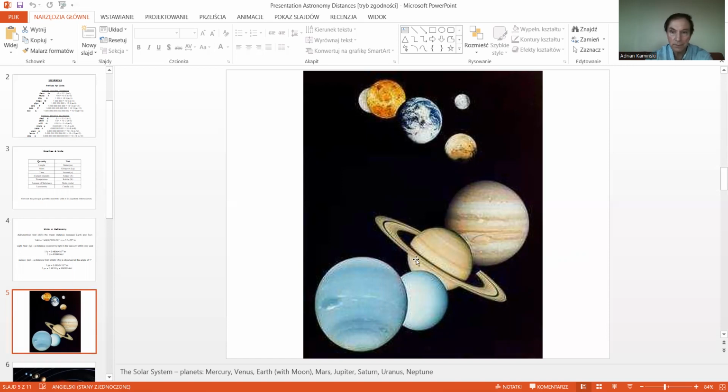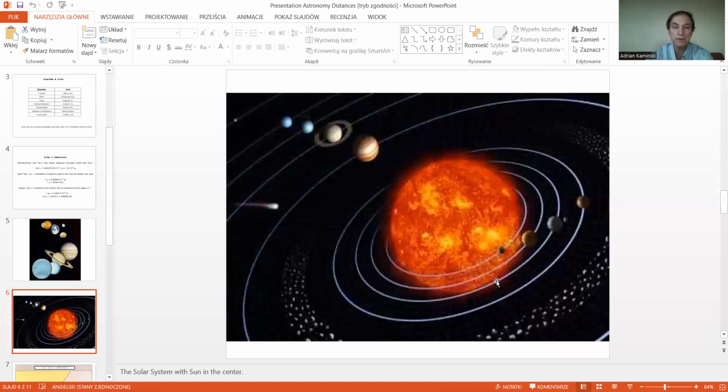Pluto is not visible, it's far away. The same solar system, but from a different perspective. The glowing ball is our sun, surrounded by our planets, which circulate around the sun.